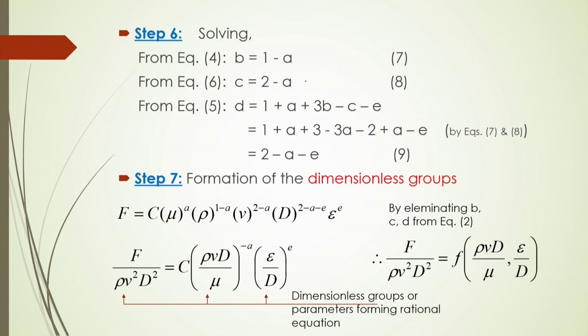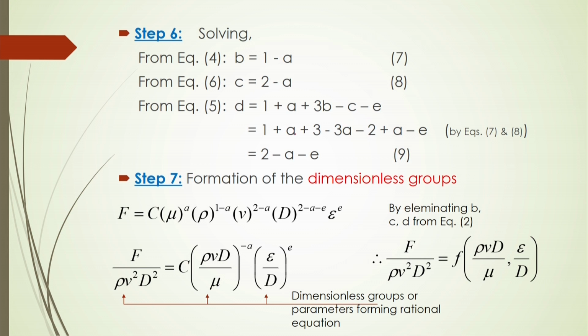Very interesting that we are expressing these exponents in terms of certain other exponents. So, b is a function of 1 minus a, and c is a function of a, that is 2 minus a. Similarly, from equation 5 we can have d as a function of a and the remaining exponents: 1 plus a plus 3b minus c.